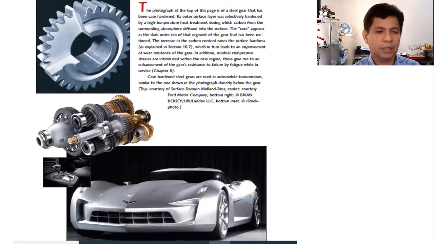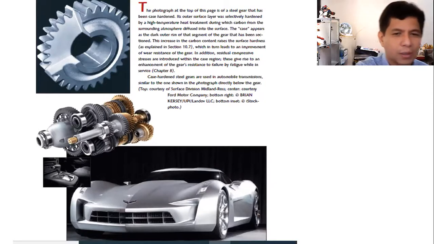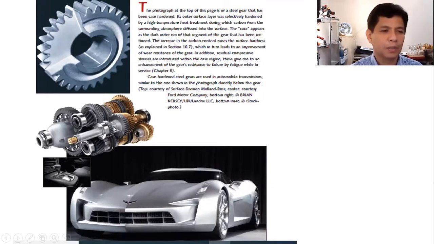That means for every single turn of the primary gear, you will have several or more turns of the secondary gears. So that's how the gear works. As you can see in the picture, the primary gear setup moves forward or backward to obtain the first gear, second gear, and third gear.